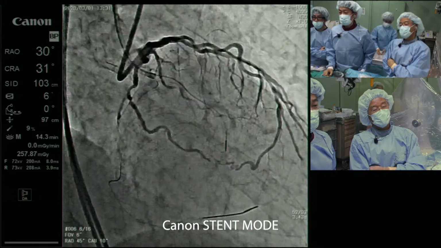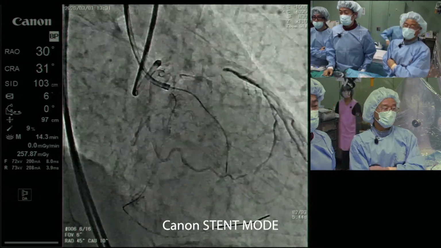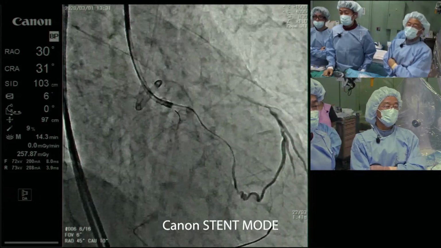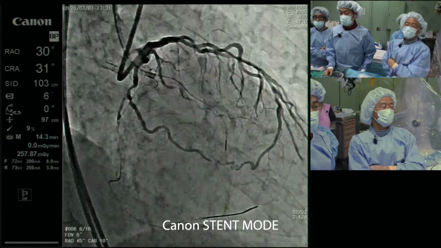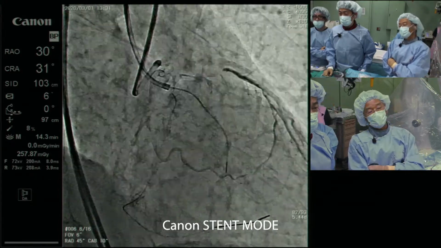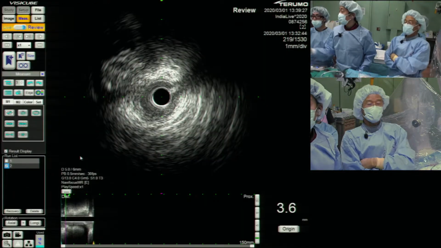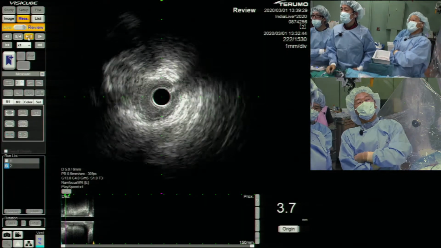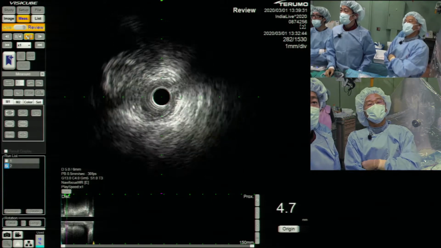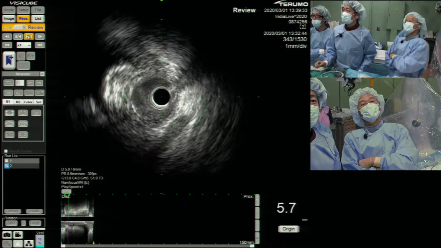The patient has a very big septal branch, and the main branch of the LAD is completely occluded. So I pull back the IVUS from the septal branch. Now we see the IVUS. Okay, you can see the occluded LAD at 10 o'clock here.